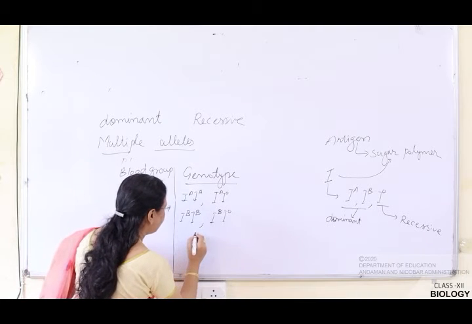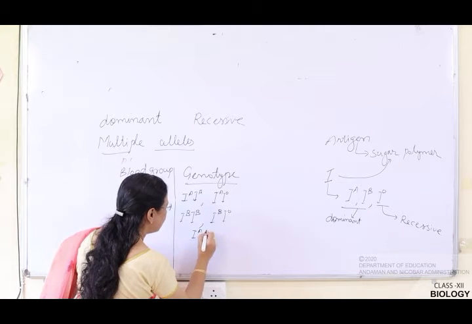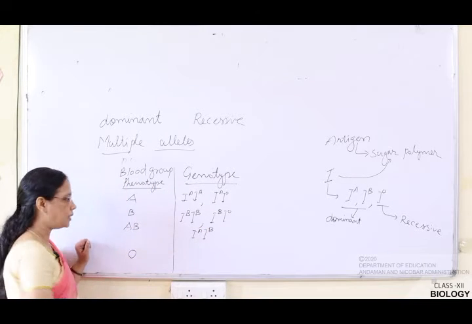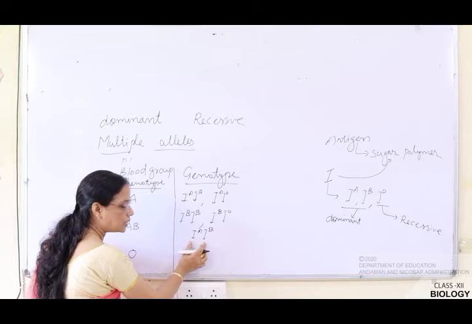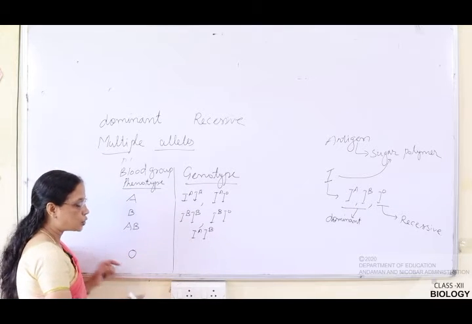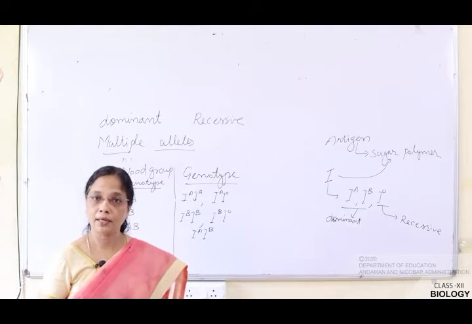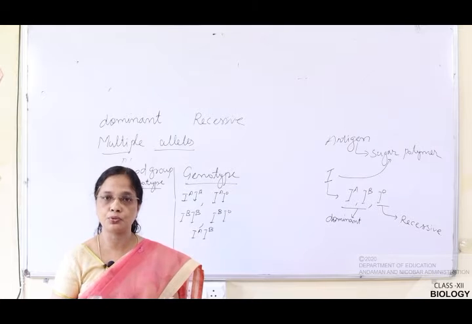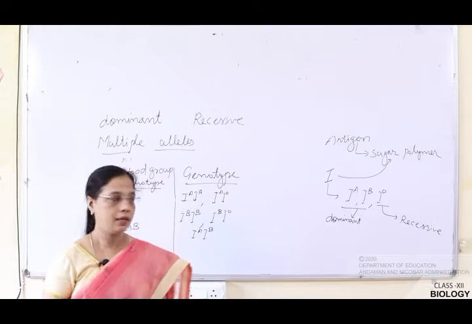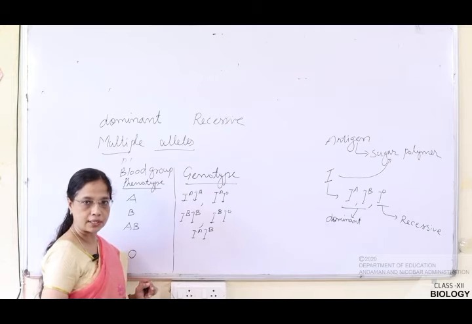For AB, capital IA, capital IB, there is no other option. That means these 2 alleles are dominant alleles. These 2 can equally express, that means they together express their character. None of them is dominating over the other.